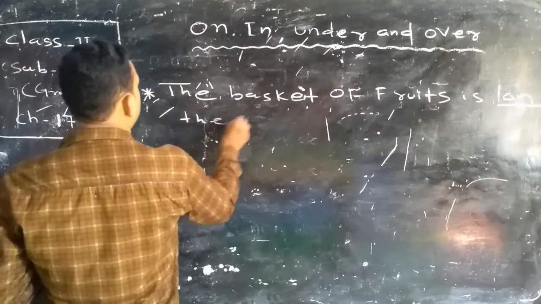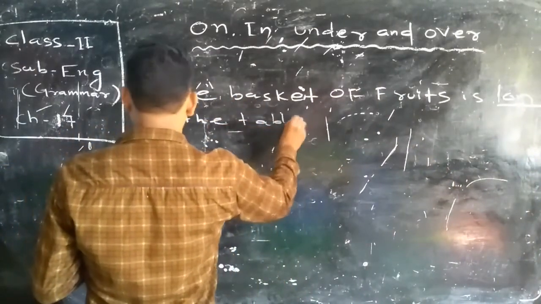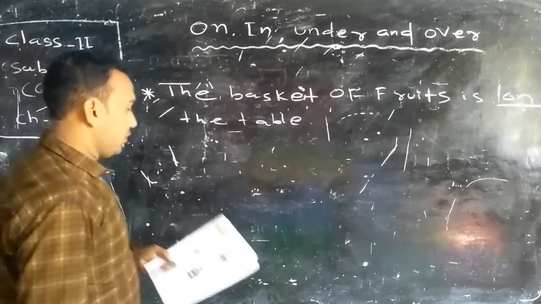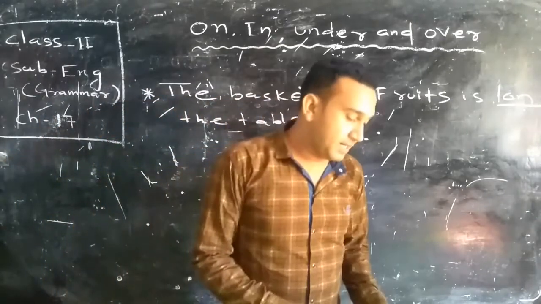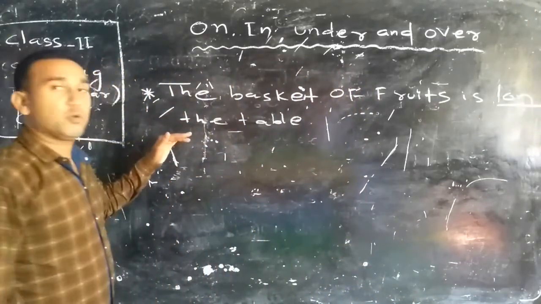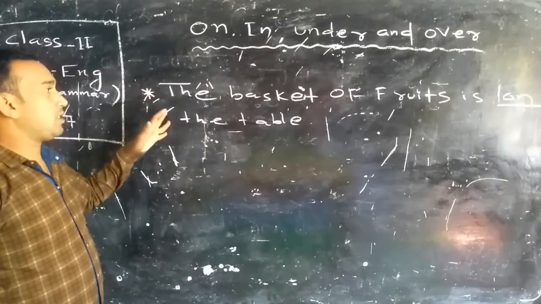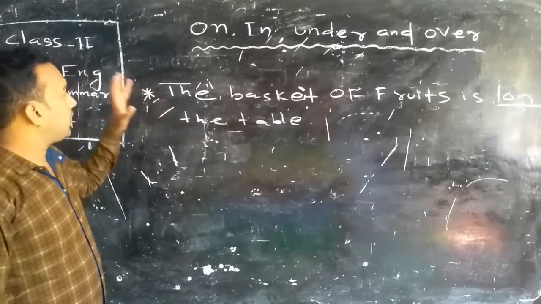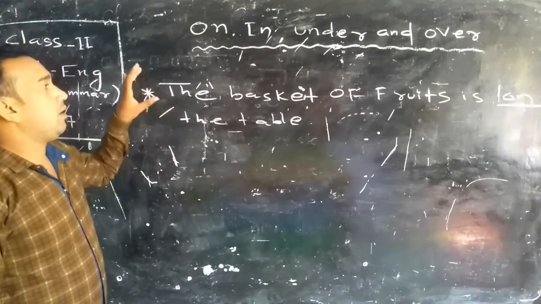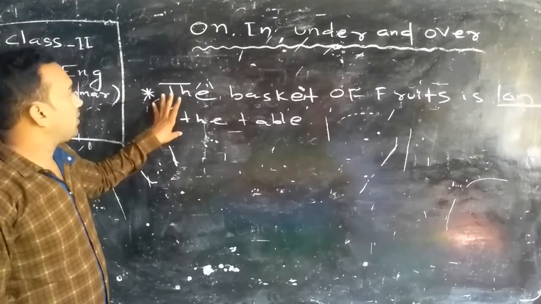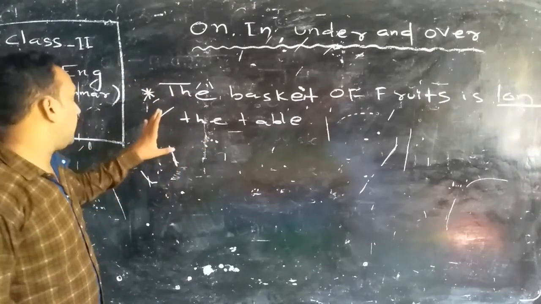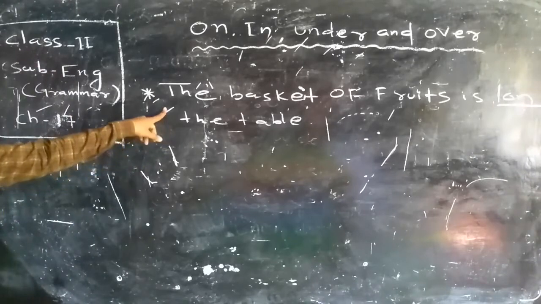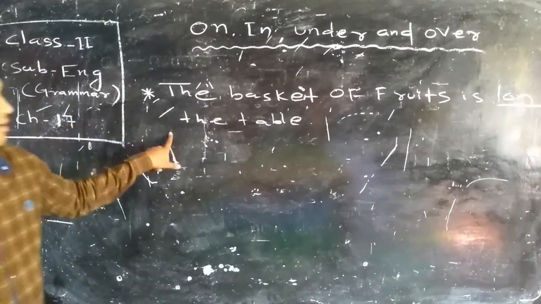On the table. Okay. So you have to see the picture and see the blackboard also. You have to see the picture in your book. Then see the picture on your blackboard. Okay. Then you have to understand well. So the basket of fruits is on the table.